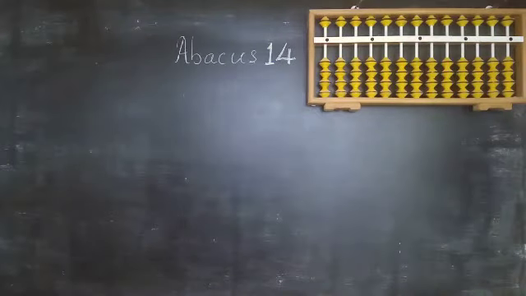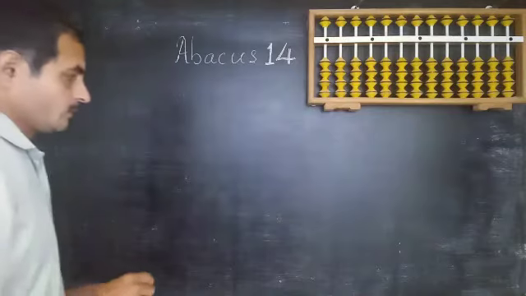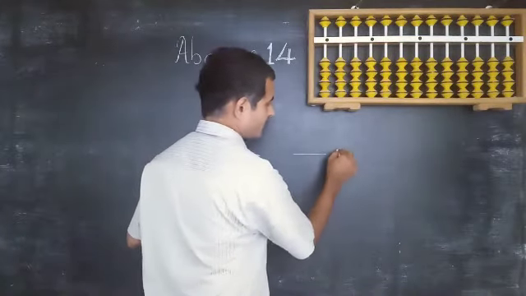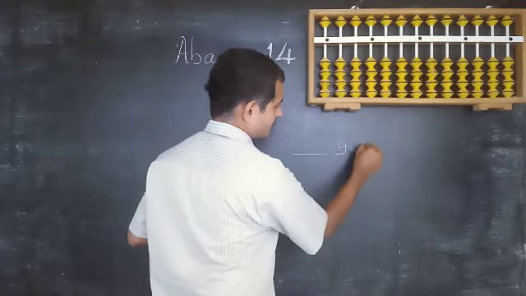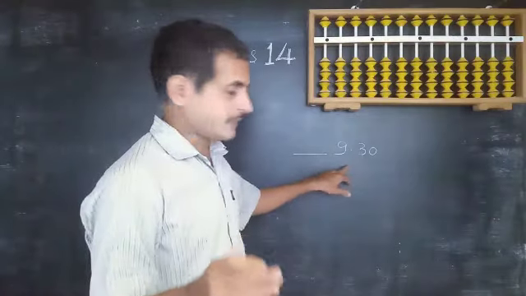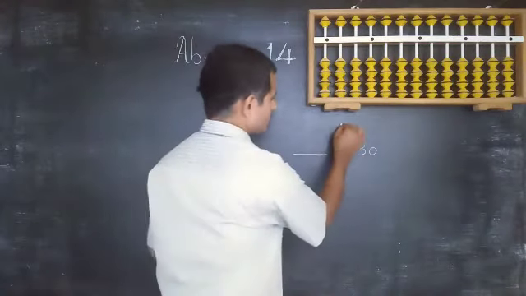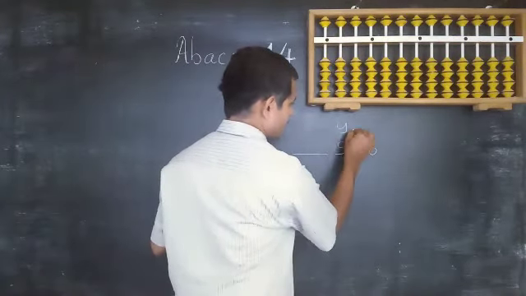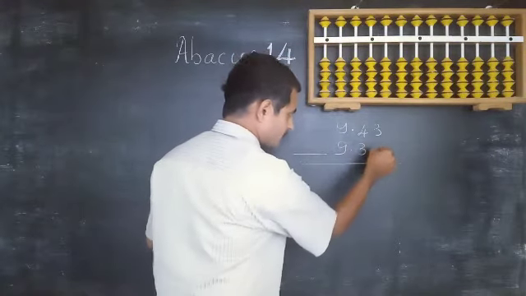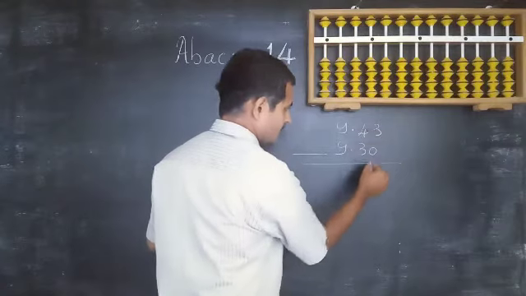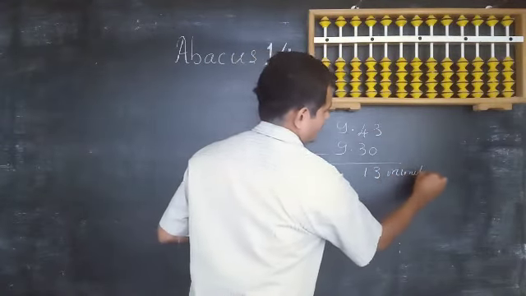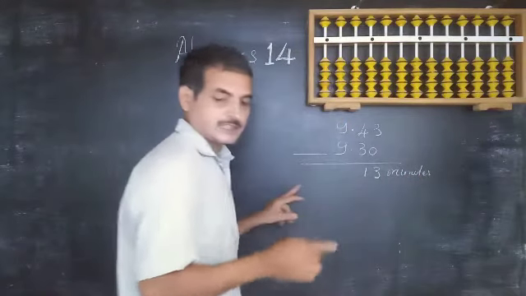And while doing level 2, we have to write the time, for example 9:30 at the beginning, and at the end we have to write the time 9:43, subtract, and 13 minutes, like this.